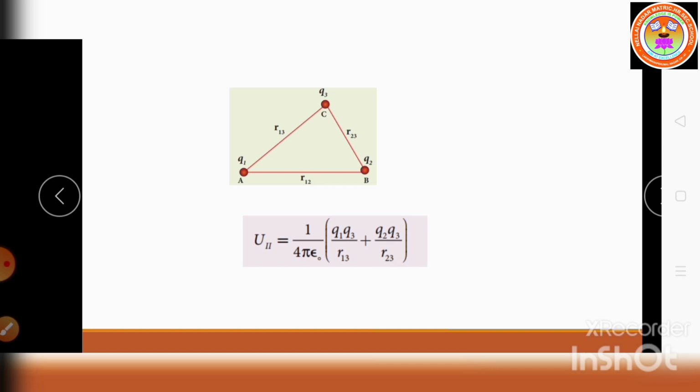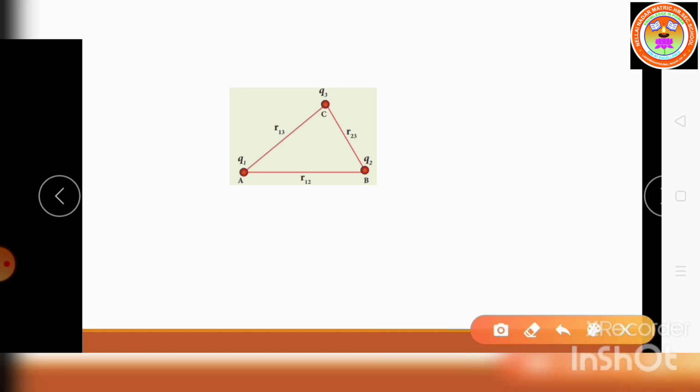Now we are going to calculate the energy when bringing the three charges Q1, Q2, Q3. Adding the two earlier concepts, the total electrostatic potential energy is U equal to U1 plus U2. In the first case, if I bring only one charge, there is no work done.